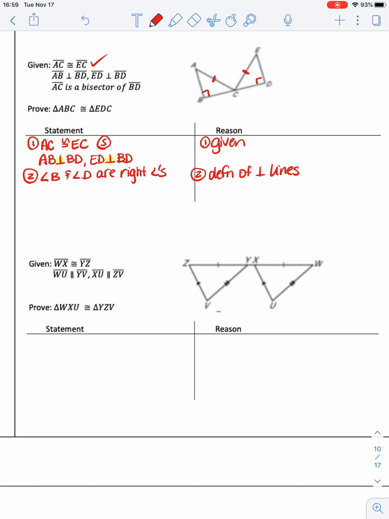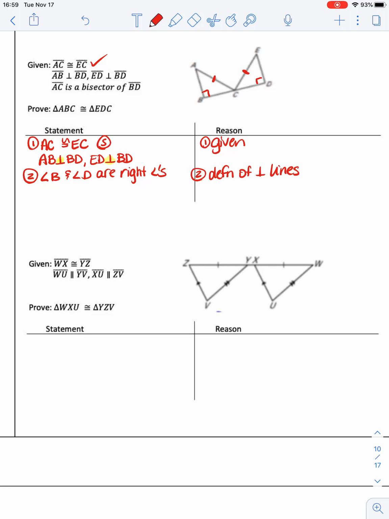Now, I don't know where I need to go from there, so I'm going to step back from that for just a second, and I'll come back to that. There are certain things that you can do in a certain order, and from here it doesn't matter. As long as I've said they're right angles, there are certain steps I can take next, but I'm not sure where I need to go. Here's what I'm asking.